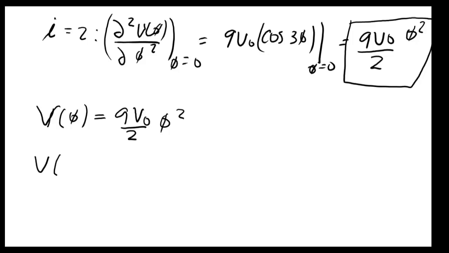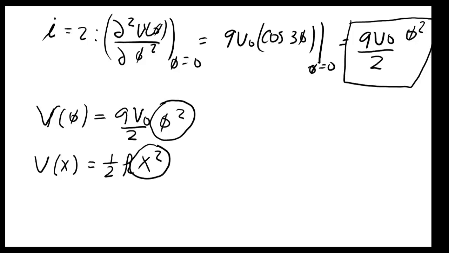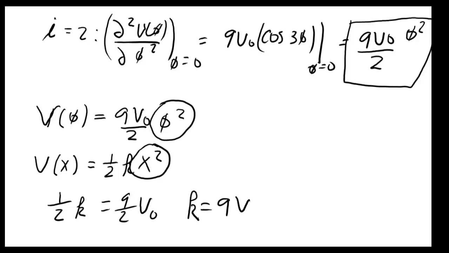Now we compare this with a harmonic oscillator. We have V of x, that's a harmonic oscillator, is 1/2 kx squared. So here we have a phi squared, here we have an x squared. Oh look, it's a harmonic oscillator potential where, if we equate these two, 1/2 k is equal to 9/2 V0, or in other words, k is 9V0.